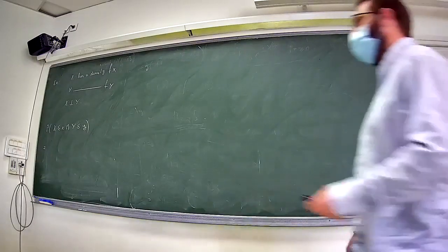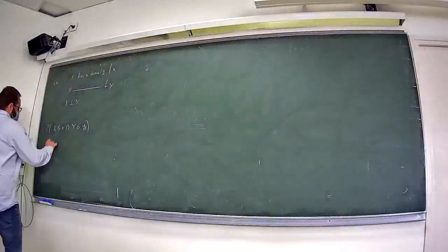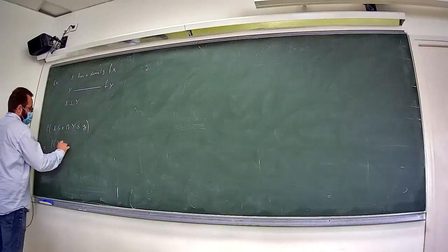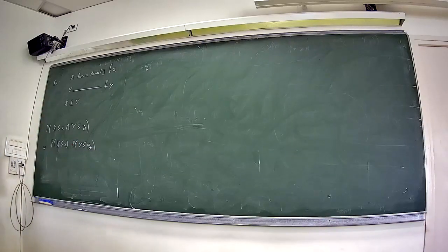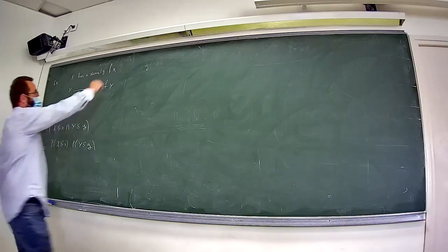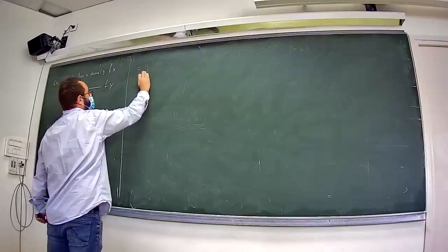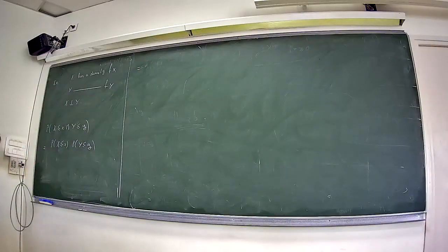I have the independence, so the probability of the intersection is equal to the product of the probabilities. But I know that each of them has a density function. And from the definition to have a density function, that is the definition 17, each of these terms may be expressed using the density function. So if I continue here, I can write this product as a product of two integrals of this type here.